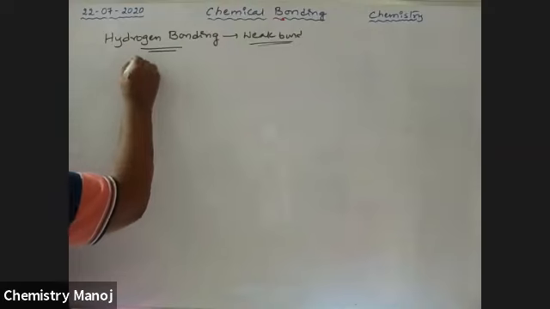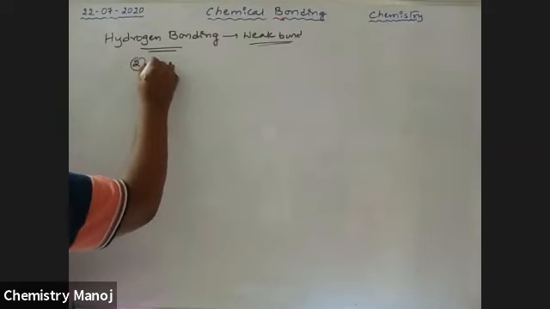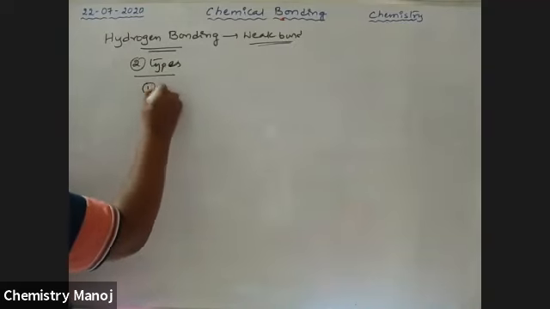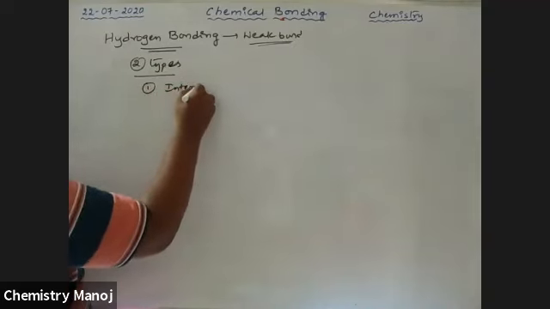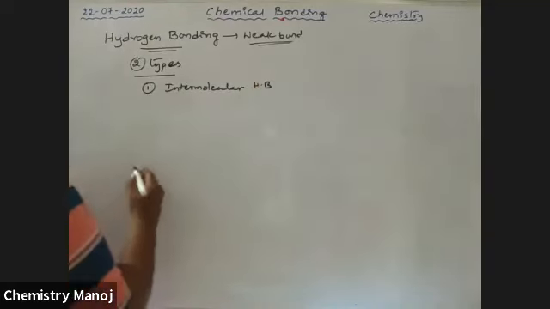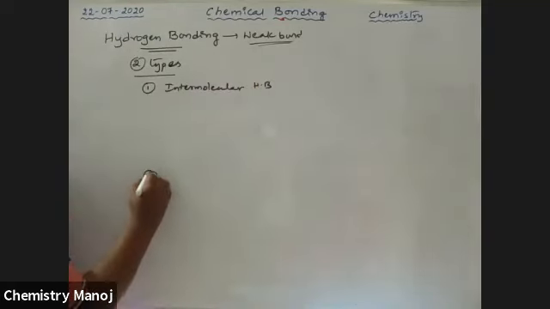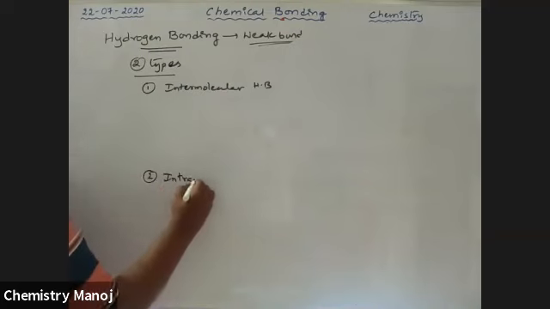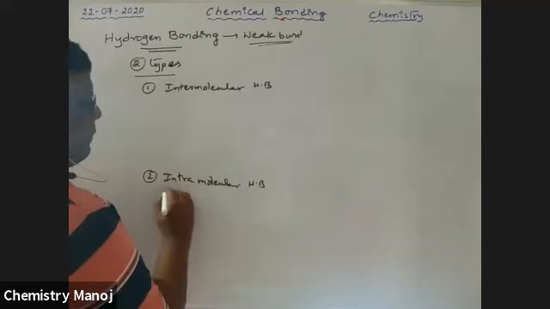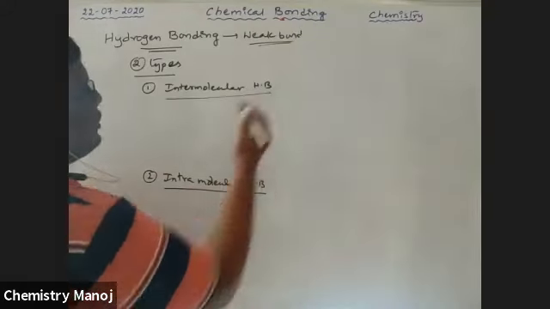So two types. One is intermolecular hydrogen bonds, and the second one is intramolecular hydrogen bonds.